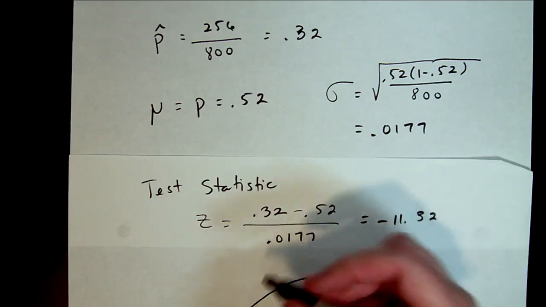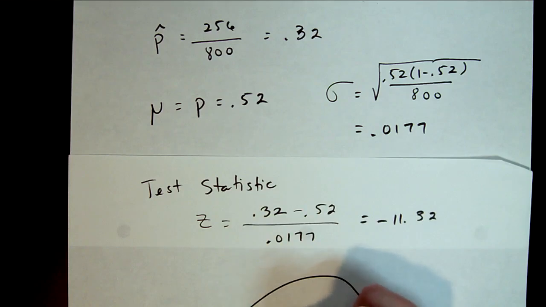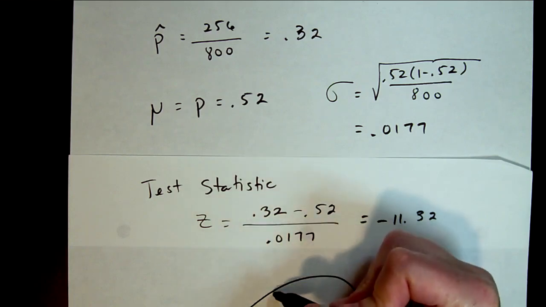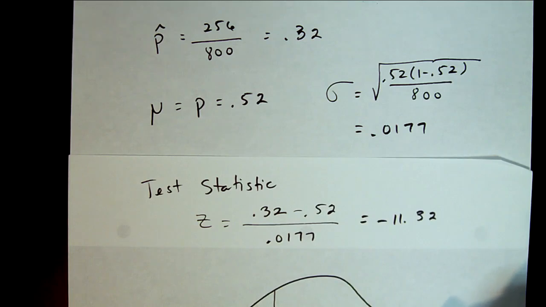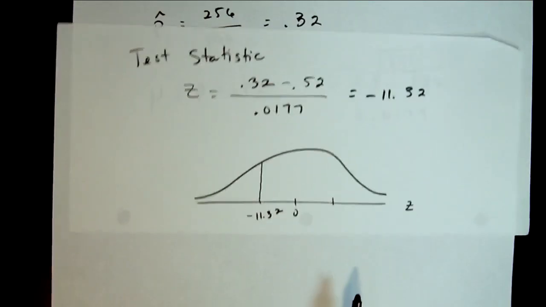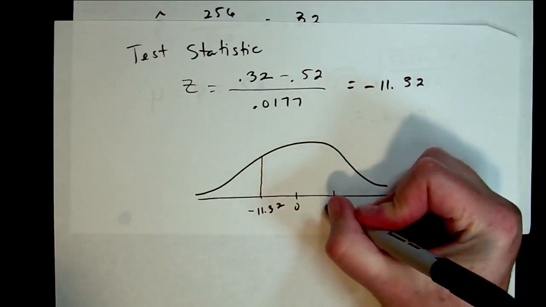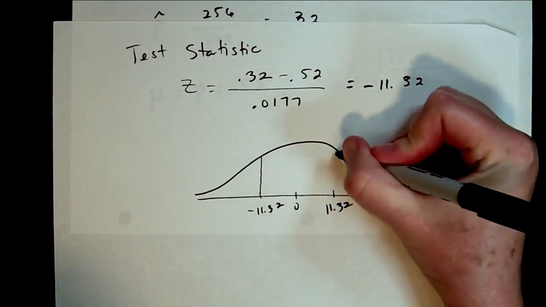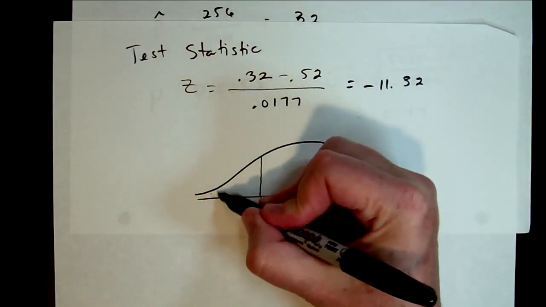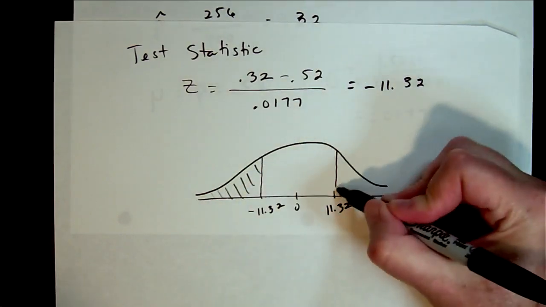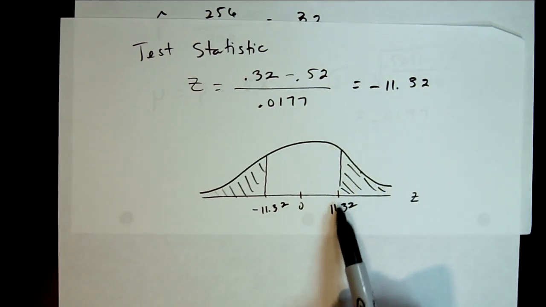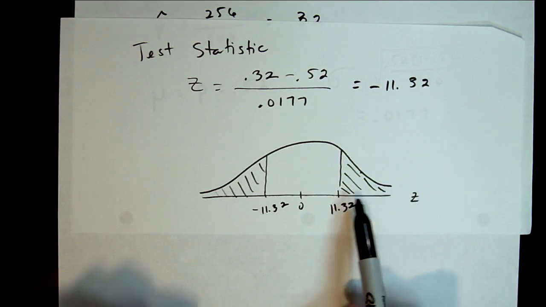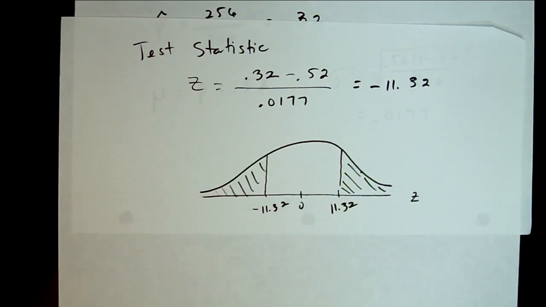We've converted it to a z-score, and we're going to use the table to figure out the total area out here, which represents the probability of getting a point estimate that's this far or further away from the mean.